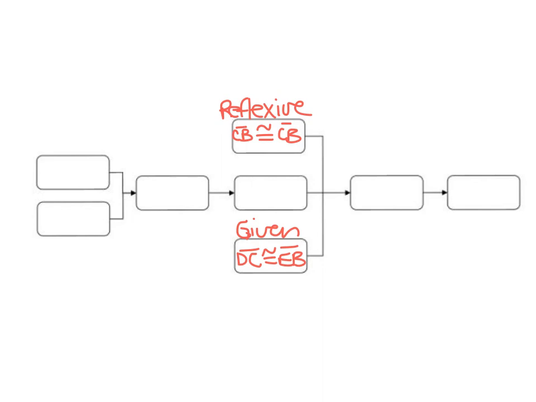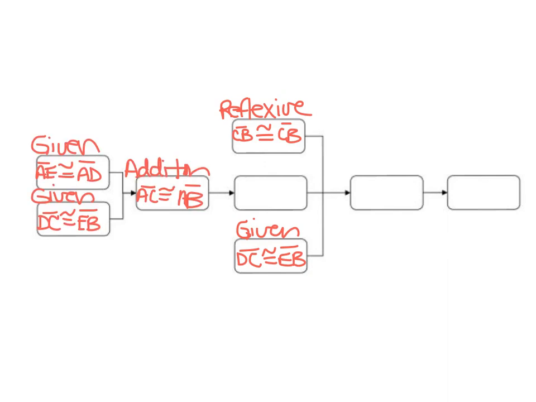So segment CB is congruent to segment CB by reflexive. And then in order to get our pair of angles congruent, that required a little bit more work. We can take both of our givens, and you'll note on your sheet there that it says you may use a given more than once. So both of those givens together allowed us to get that segments AC and AB were congruent by addition.